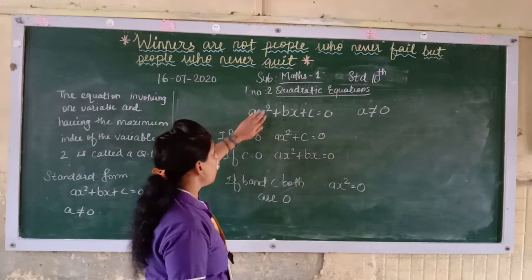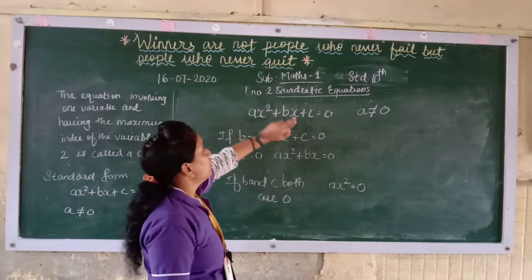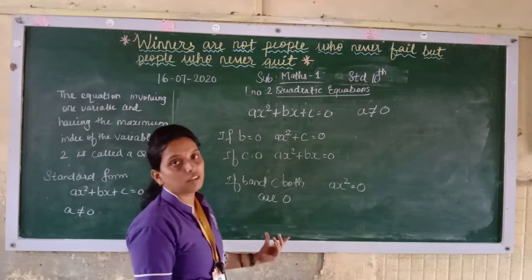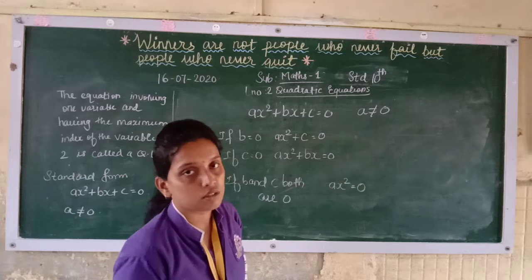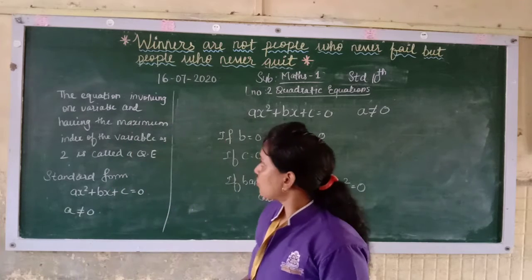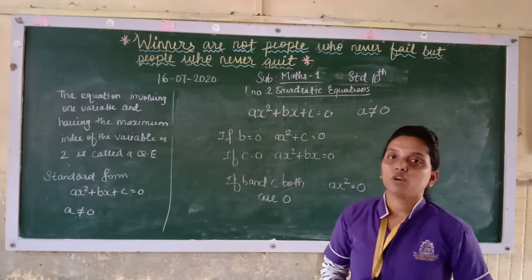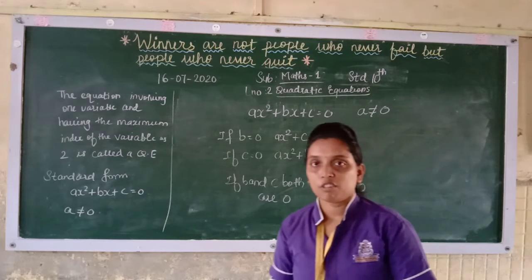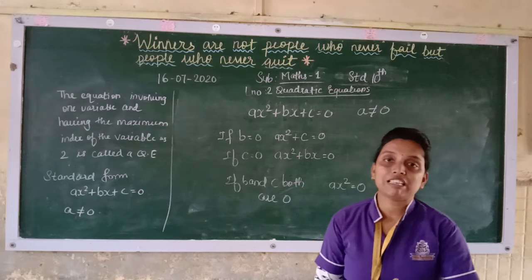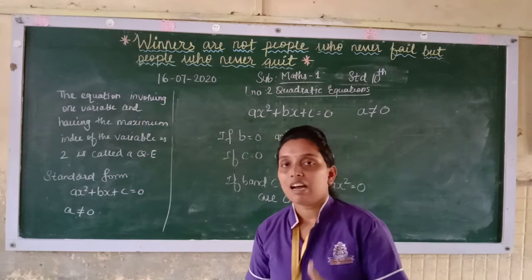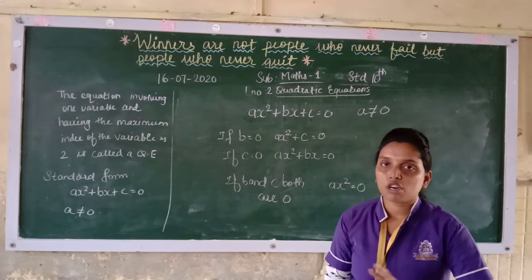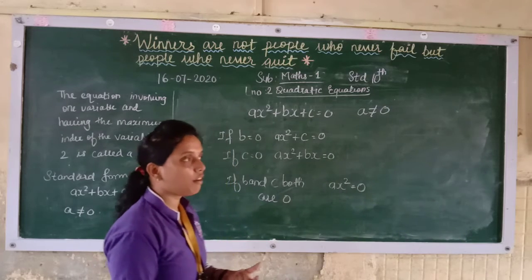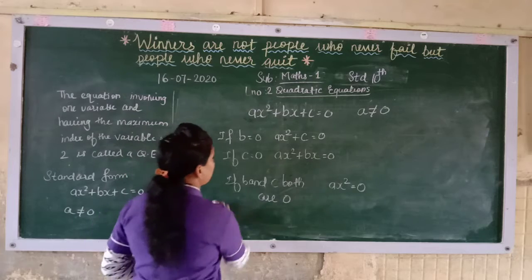If a is equal to 0, this part will go away and it will become linear, but we are not interested in linear, we are interested in quadratic equations. So remember, the equation involving only one variable and the maximum power of that variable should be 2. It should not be less than 2, that becomes linear, and it should not be greater than 2. If its power is 2 and only one variable is involved, then it is a quadratic equation.